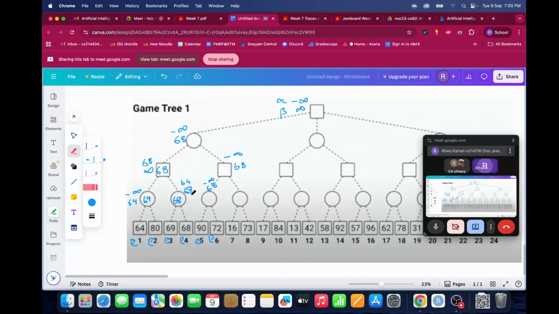Alpha will always be compared with alpha, beta will be compared with beta. Here 90 was greater than 68, so we will not change 68 in that case.